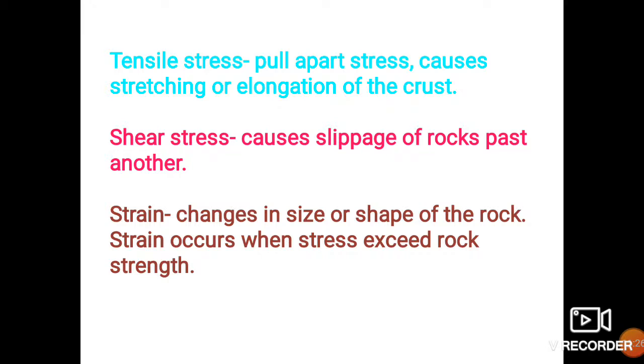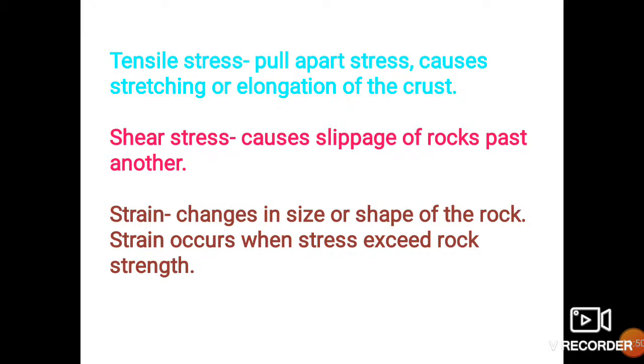Due to the action of these different types of forces or stresses, whether they may be uniform or differential, whether they may be compressive or tensile or shear types of stresses, as a reaction, the strain develops in the particular rock which gets subjected to the stress.